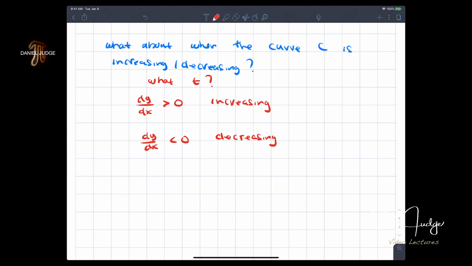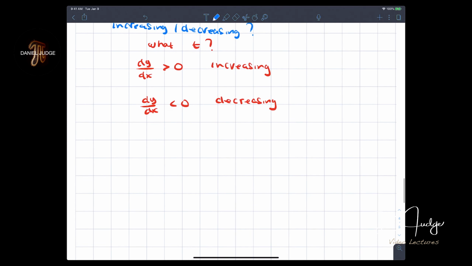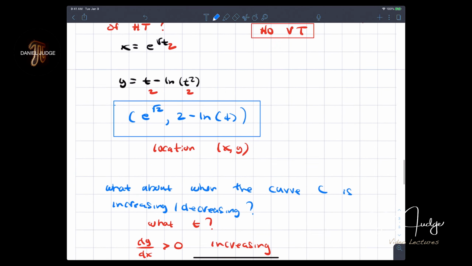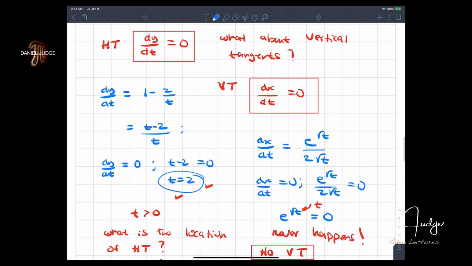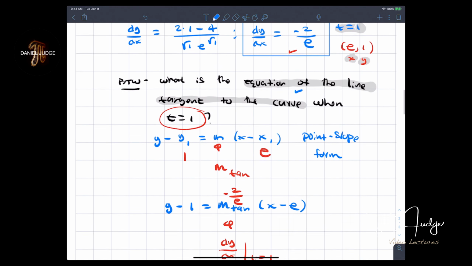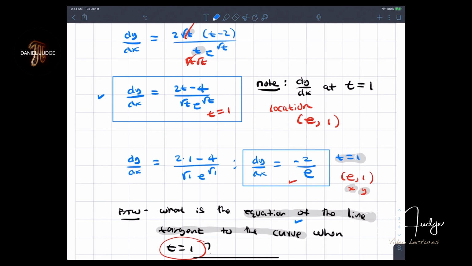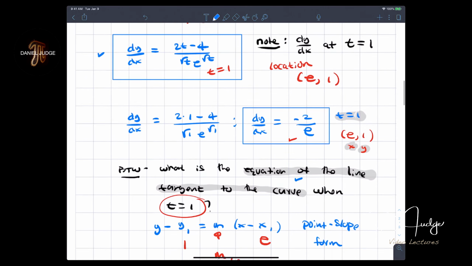They want to know for what t, so I have to get my hands on that derivative function. Let's go back and find out what dy/dx was. Oh, dy/dx, where were you? All the way over here. Nope. There it is: 2t minus 4 square root of t, over e to the square root of t.